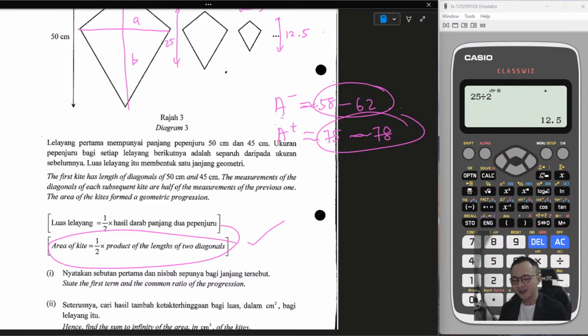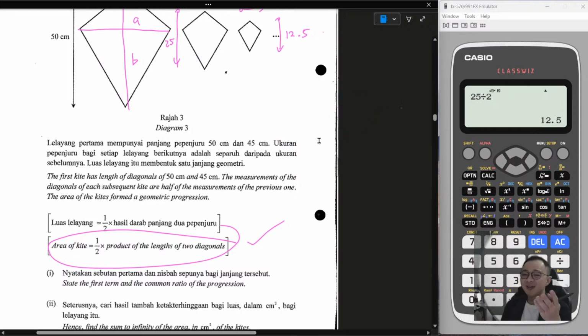So basically, if you imagine 58 marks means what? It means in both papers you get about 40% wrong. It means 40% of the questions you don't want to do or don't know how to do, and you still get A minus. This is crazy. A lot of students say, oh sir, I might not be able to do so many questions, but you are doing an exam, you get almost half the paper wrong, and you still get A minus.